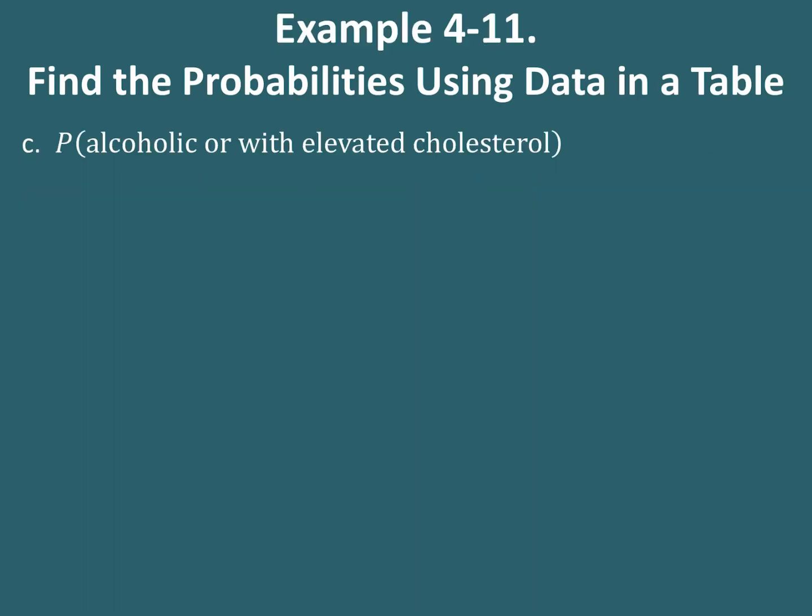So because these events are not mutually exclusive, we need to calculate the probability that the patient is alcoholic plus the probability that the patient has elevated cholesterol, but then we also must subtract the probability that they both occur at the same time, because once again, we do not want to overcount.